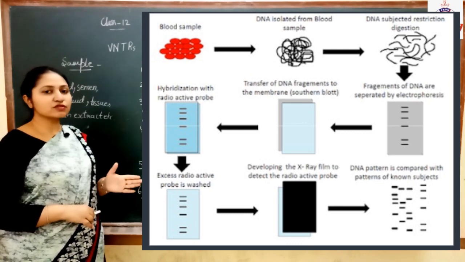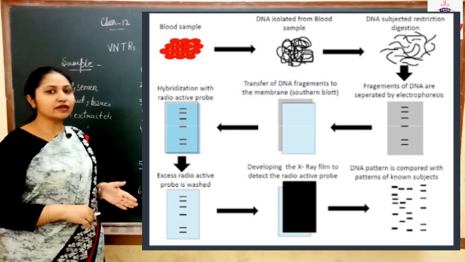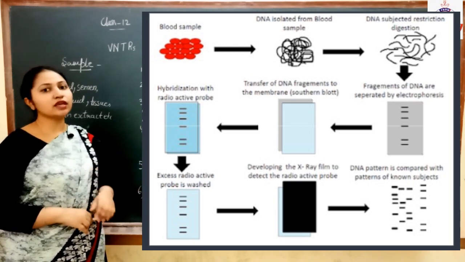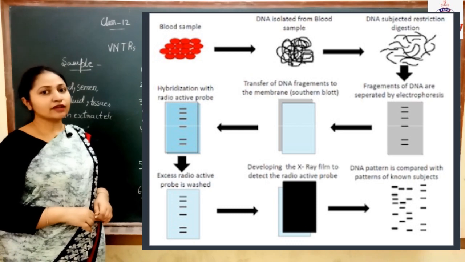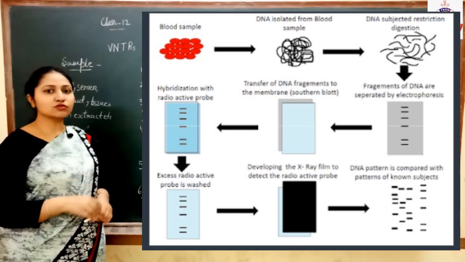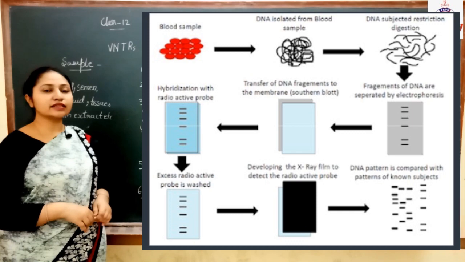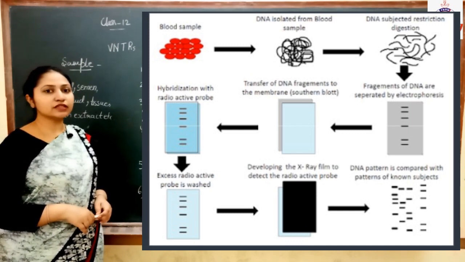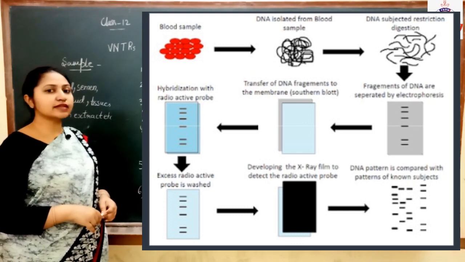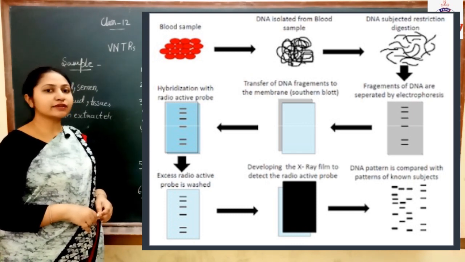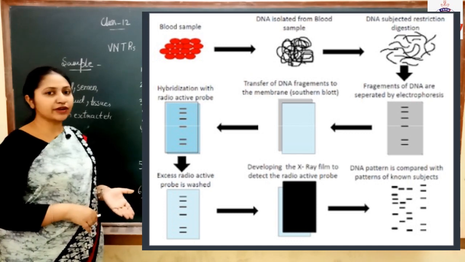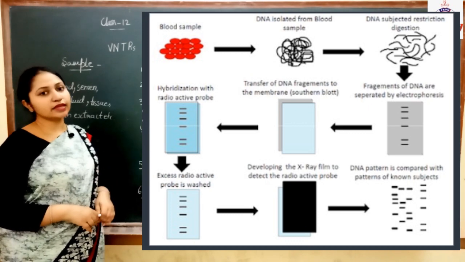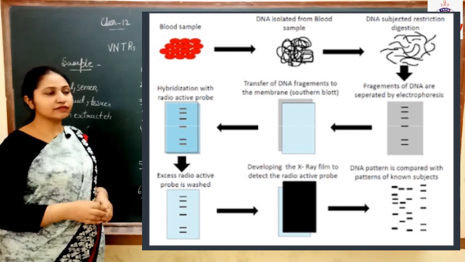The small fragments run faster as compared to the larger ones, and on the basis of charge they also migrate, because DNA contains a negative charge, so it migrates towards the positive charge of the gel. Now next, by the process of alkaline treatment they are converted into single stranded. Why? Because later on they have to make base pairs with the DNA probes.